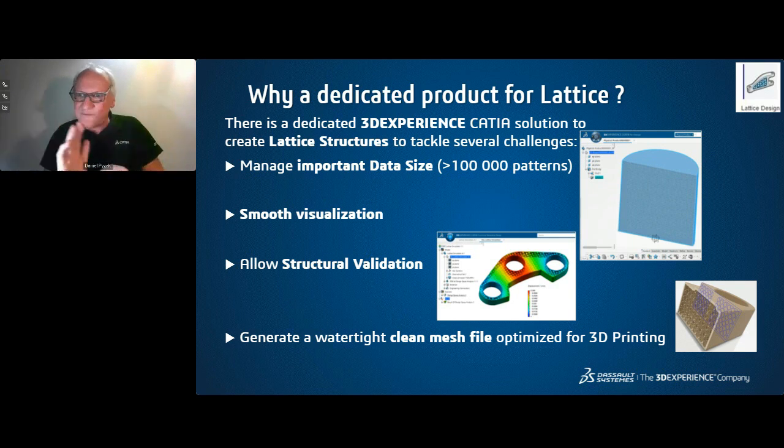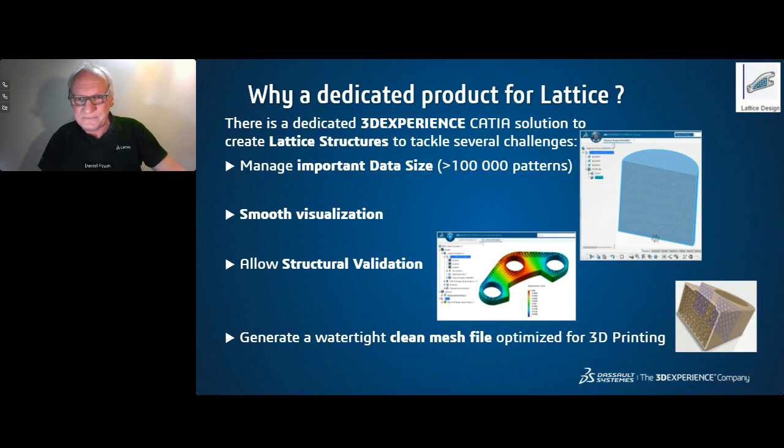And once everything is fine, we will convert the implicit model to an explicit tessellated boundary representation, a set of triangles, because today the actual 3D printers are only able to read this type of information, okay? So, a new data model based on implicit modeling. You get something very fast, you can visualize it very smoothly, you can validate by FEA, and then just at the end, you convert to get a very nice watertight, clean mesh for the 3D printer, okay?